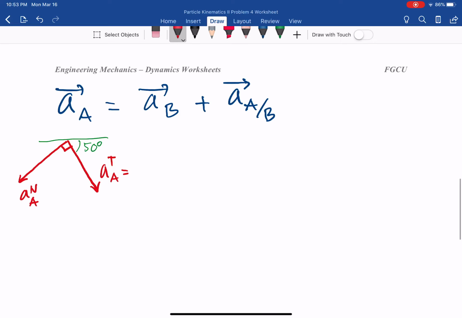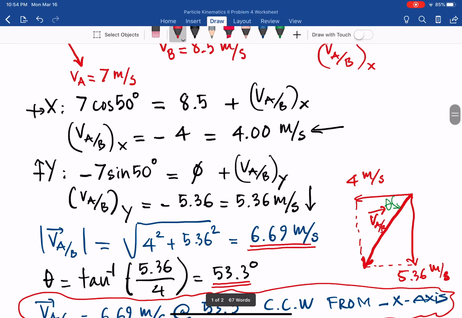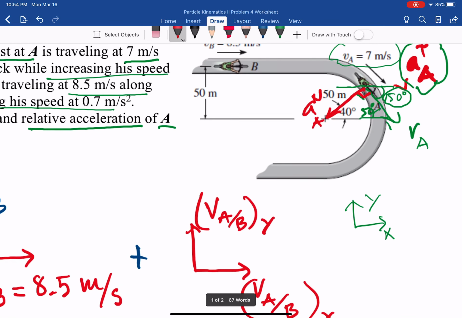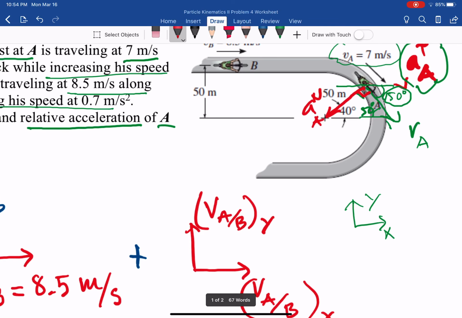And the normal component, as you know from practical kinematics 1, equals V_A squared over rho, and the rho in this case is the radius of curvature, 50 meters, as you can see there.